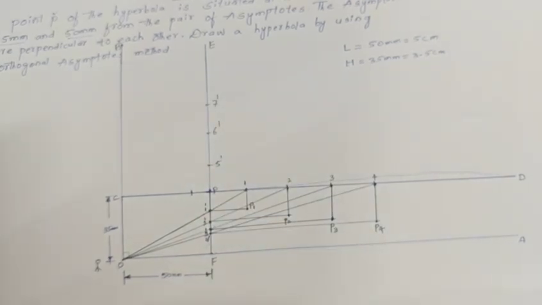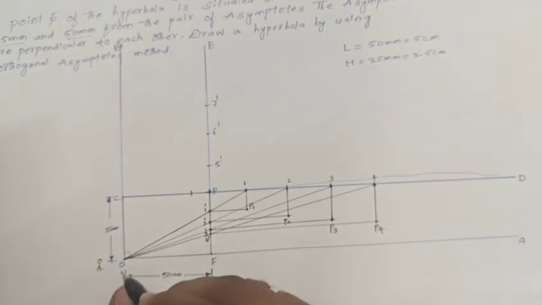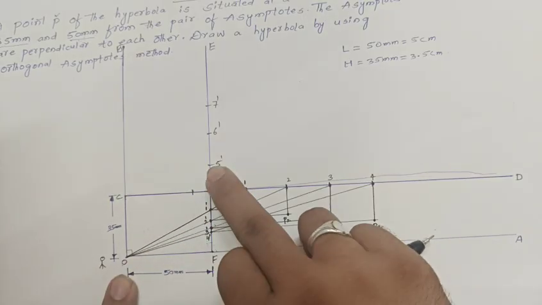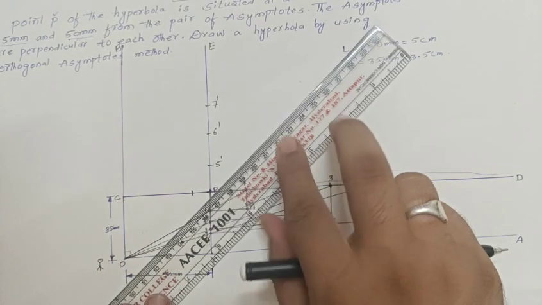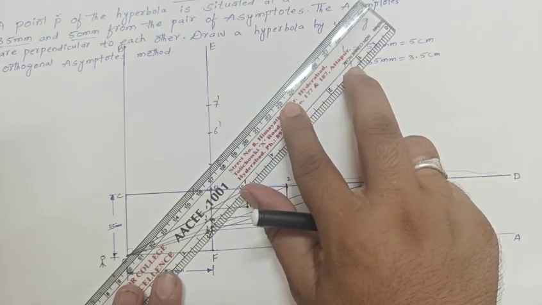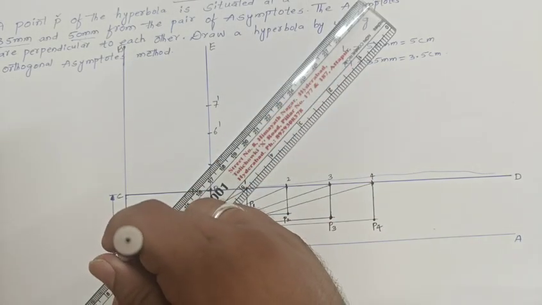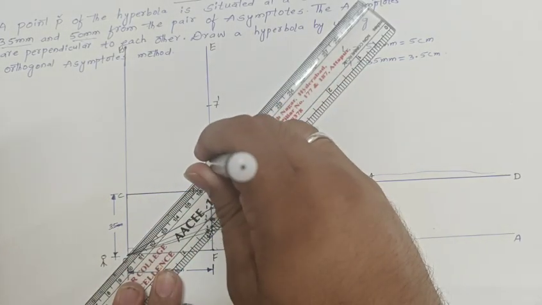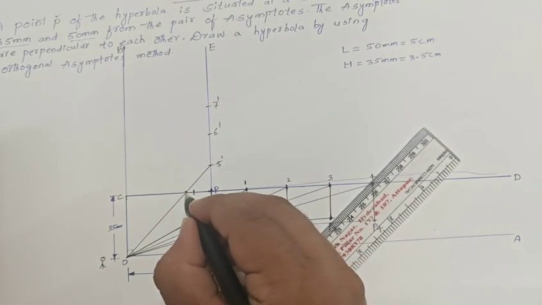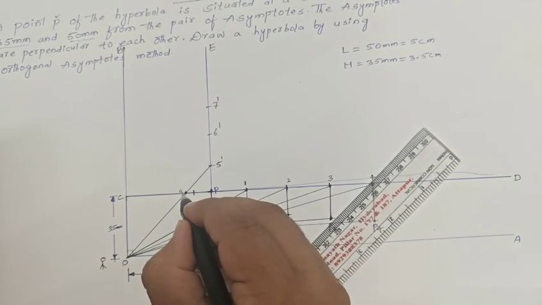Clear here? The observer observes from the origin point. The projection is passed from 0 to 5 dash. Clear? Then these projections will fall at this point. So this point, what we can say? 5 point.